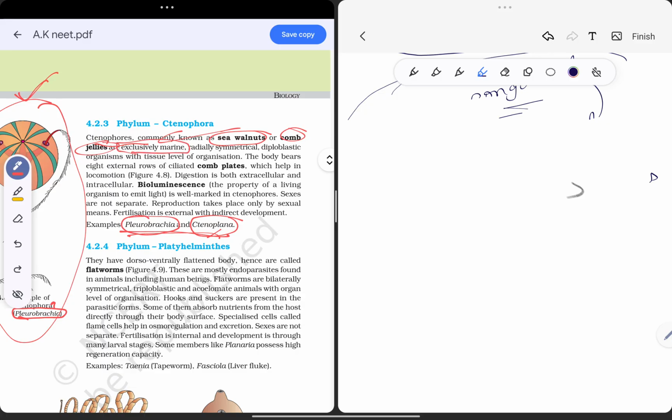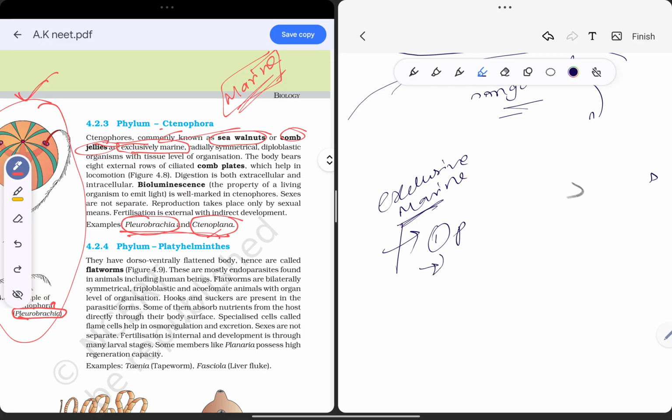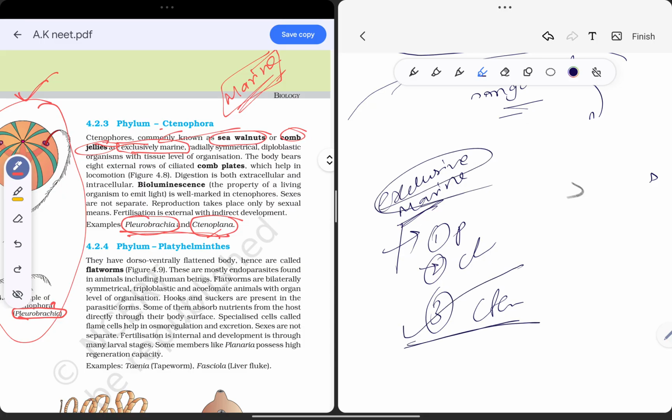What does exclusively marine mean? It means they're present only in the marine environment and not in freshwater. That's why it's exclusively marine. If they ask which one is exclusively marine, with options like first Porifera, second Coelenterata, third Ctenophora, you should choose Ctenophora, because Ctenophora is exclusively marine. The others are just generally marine.